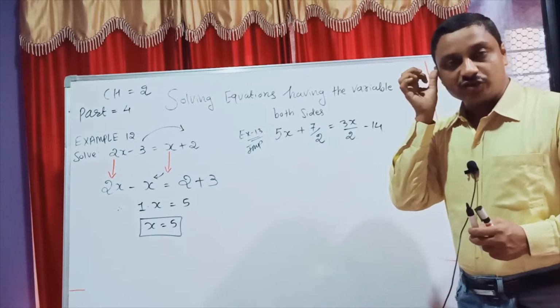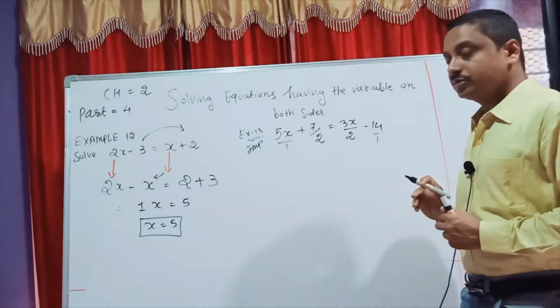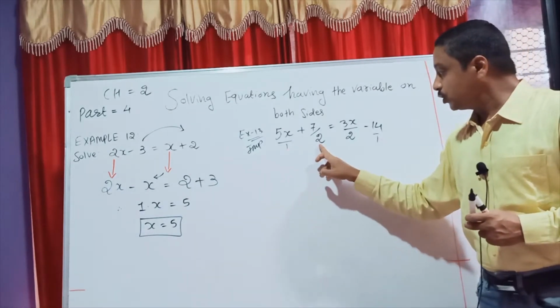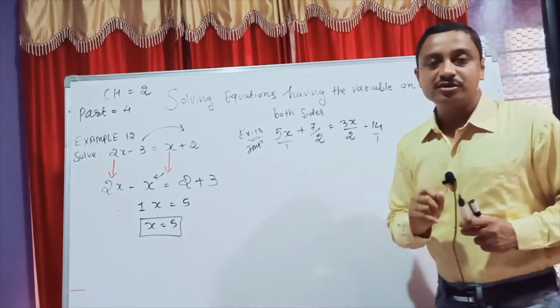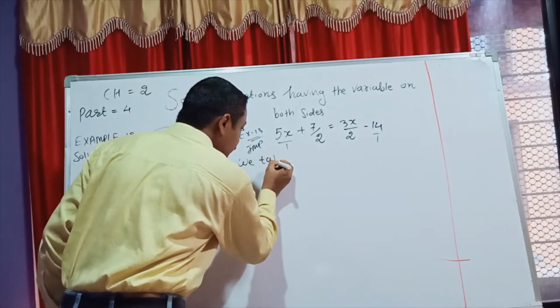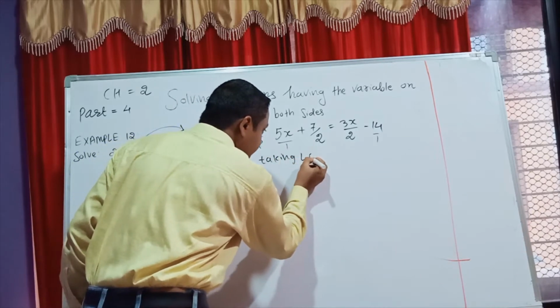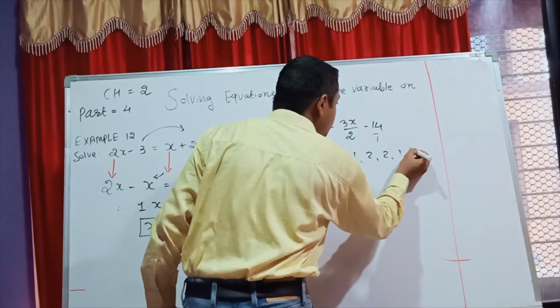But generally, students, first of all you take the LCM. Here 1 and here 1. So what is the LCM of 1, 2, 2 and 1? Yes, the total LCM is 2. So I start the sum. We take the LCM of 1, 2, 2 and 1, which is 2.